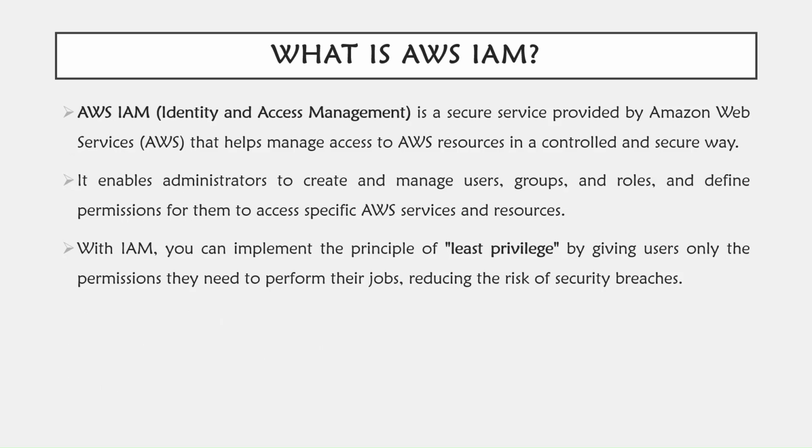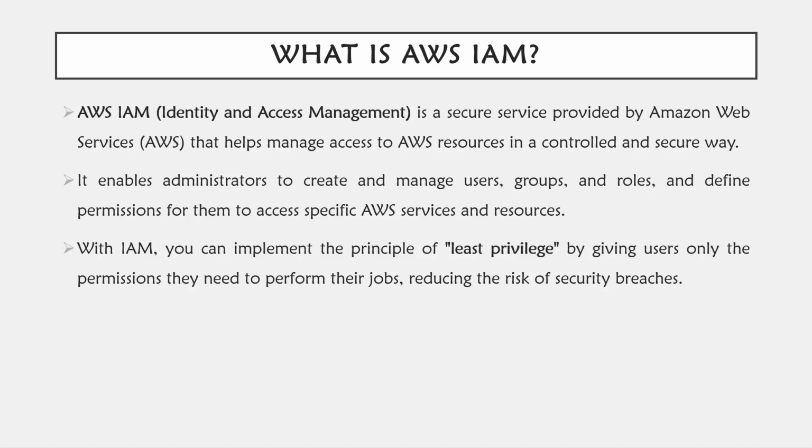You can access your data in a secure way, and it enables administrators to create and manage user groups, roles, and define permissions for them to access specific AWS services and resources. So don't worry about how to create and all. I'll show you a demo on that at the last.